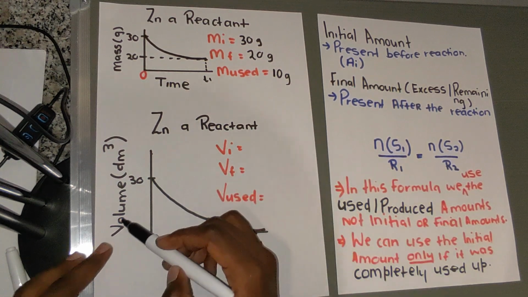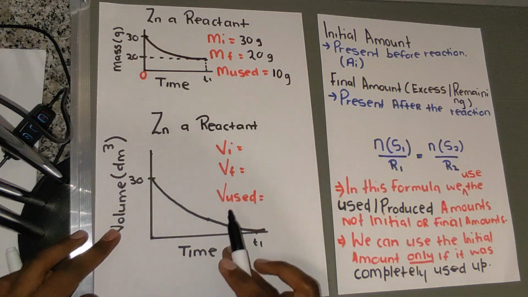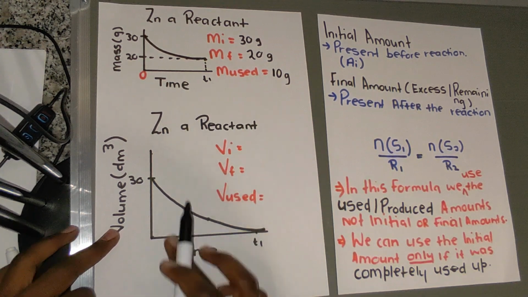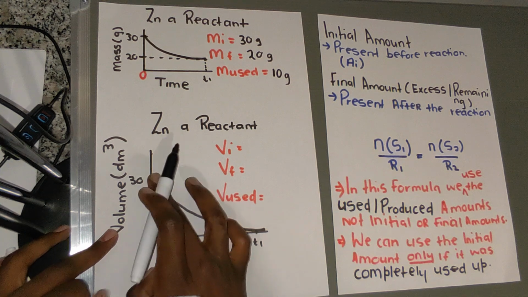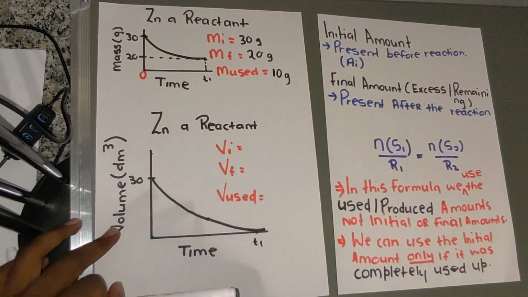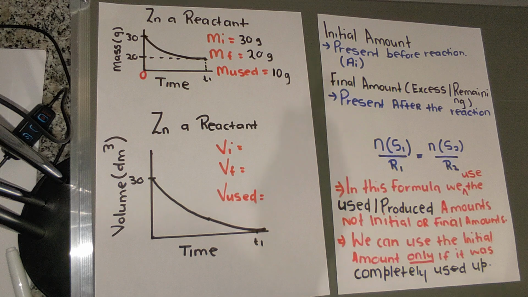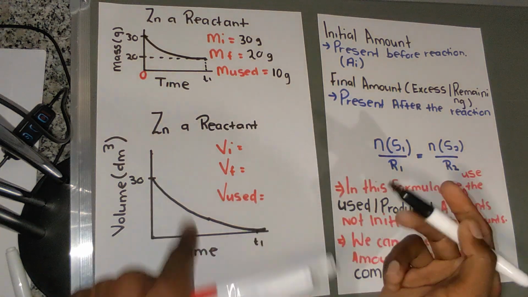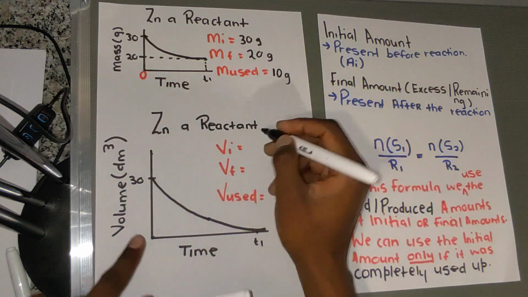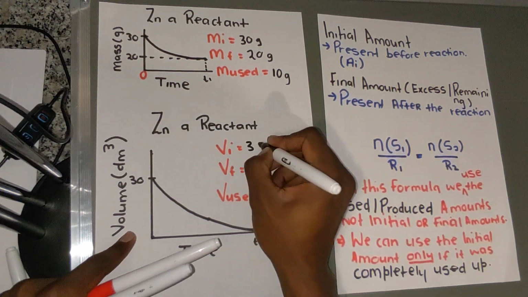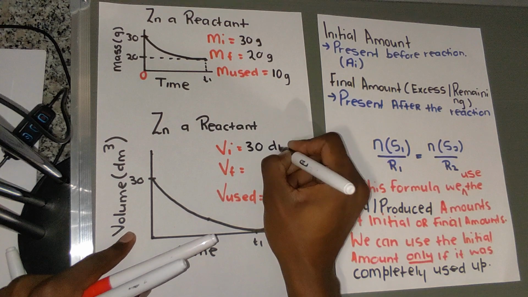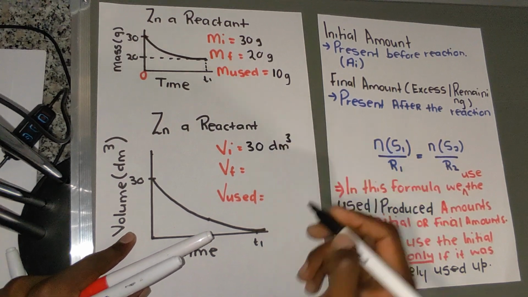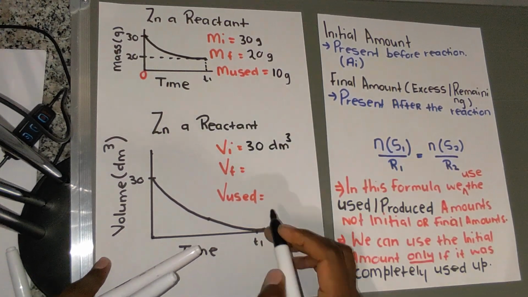Now, this graph is the graph of volume against time. We can see that as time progresses, we are losing the volume of zinc present. What is the initial amount of volume of zinc? We begin with 30 decimeter cubed, because it's a volume. Finally, how much do we have?